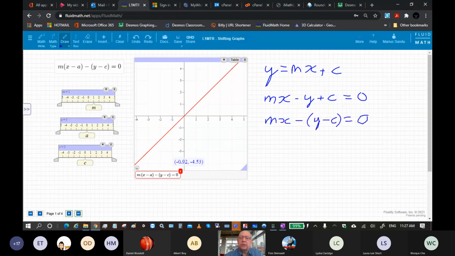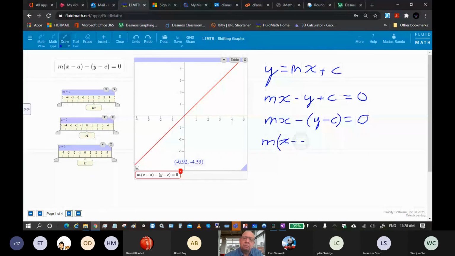And then, because I've done something to y here, I'll also do something to x: m(x minus a), which is a number, minus y minus c. And that is also equal to 0. Now let's see what happens.